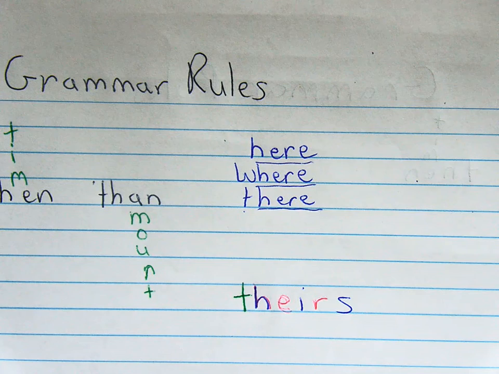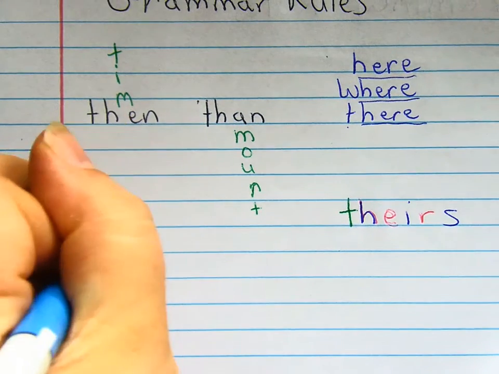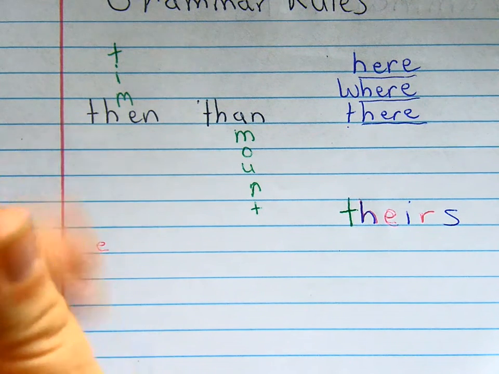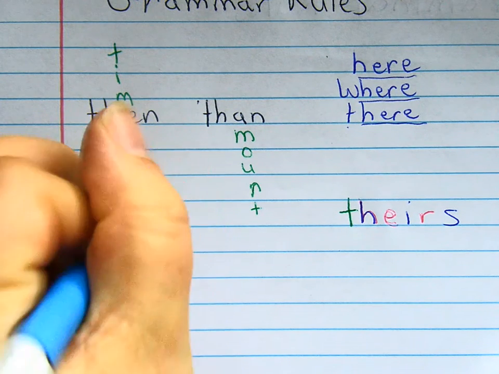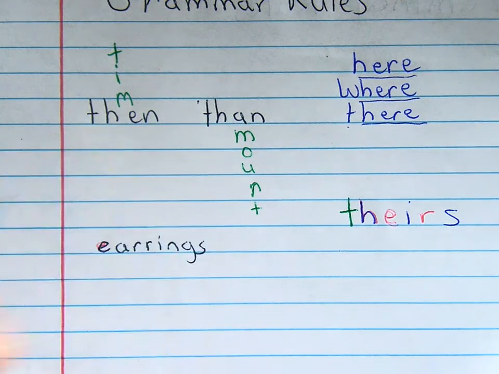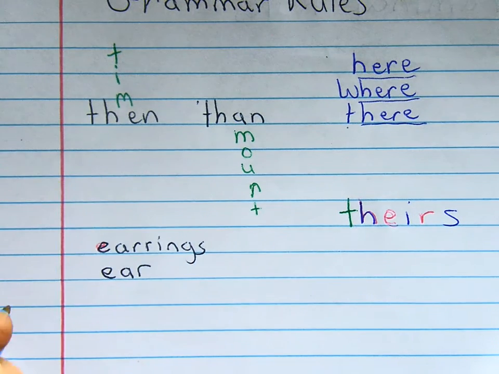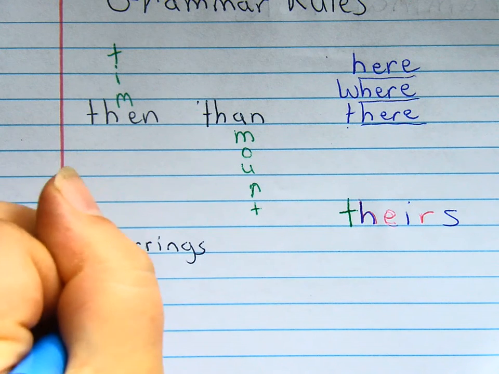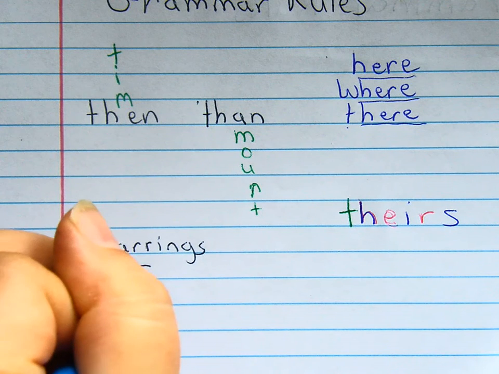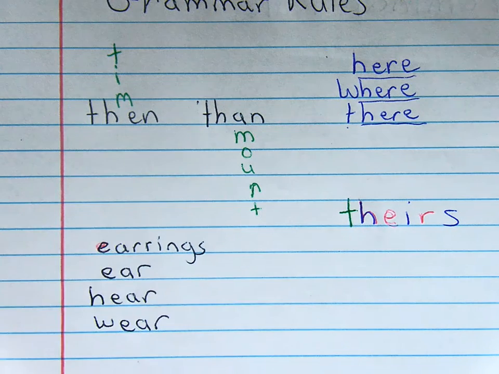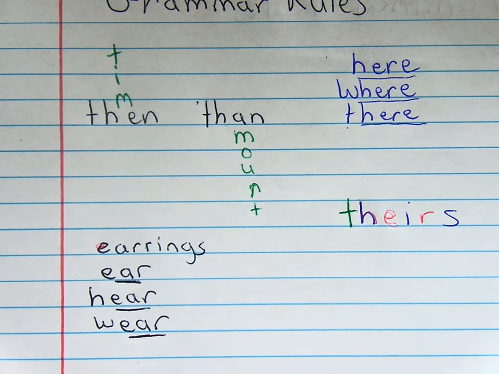So what about our where? Well, here's a way to kind of remember it. You have earrings, in which you have an ear, and that is where you hear, and where you wear earrings has to be in the ear.